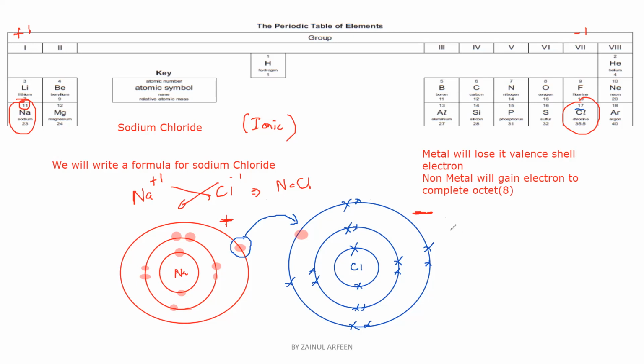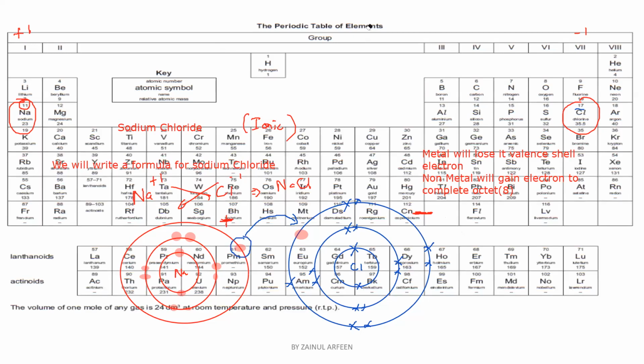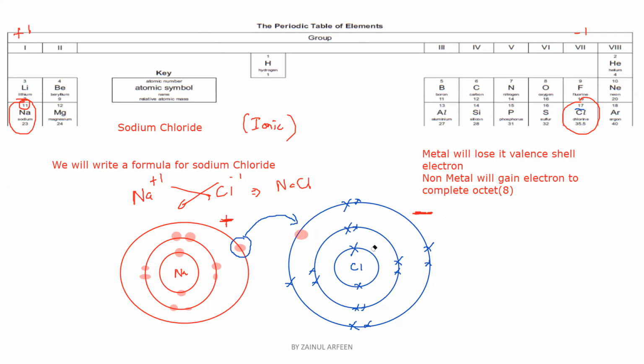So now what happened? The sodium turned into sodium ion and the chlorine turned into chloride ion. A sodium ion is formed and a chloride ion is formed. So the attraction between these ions is known as ionic bond.